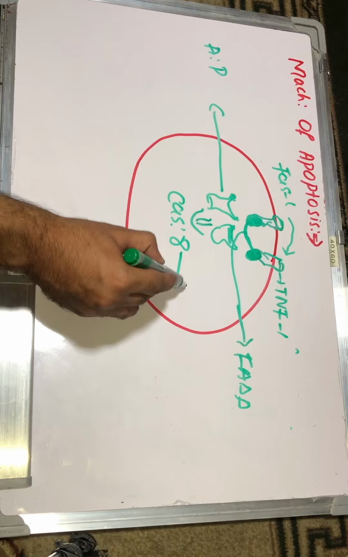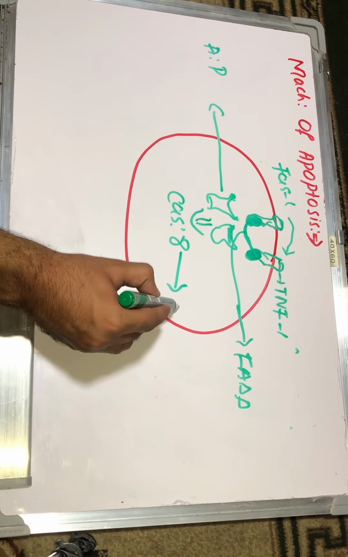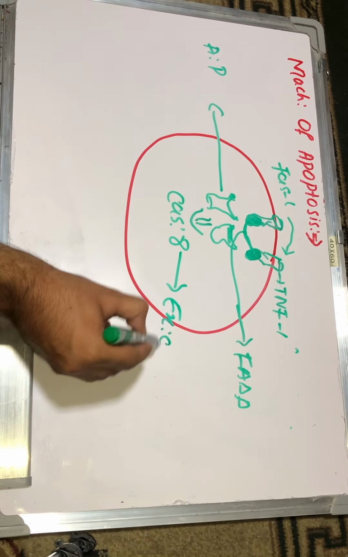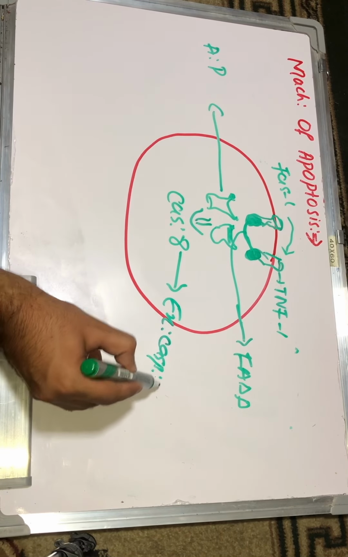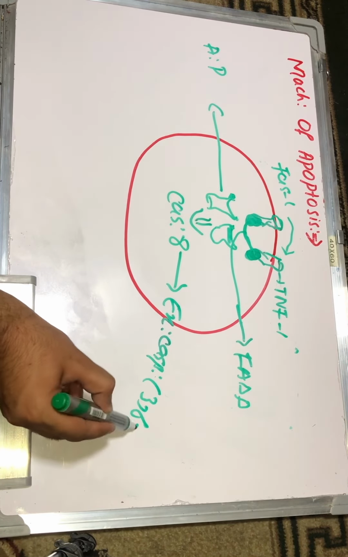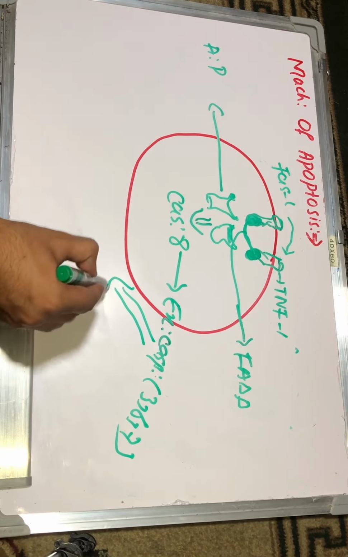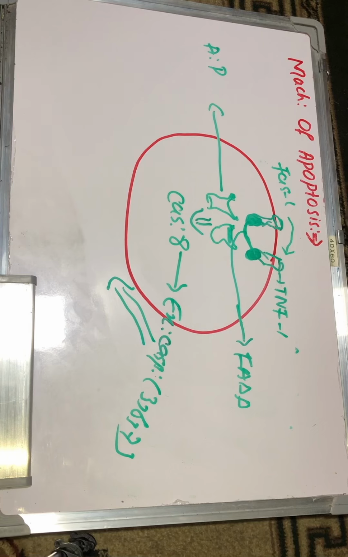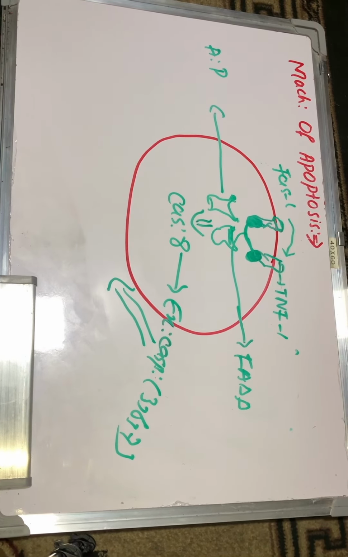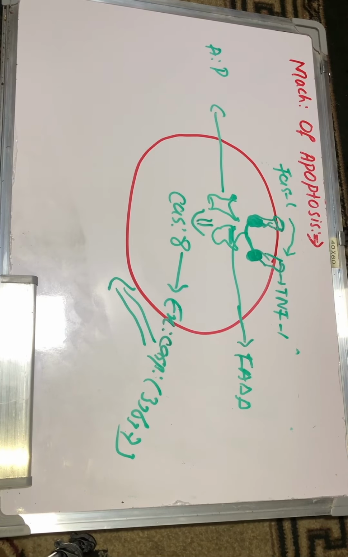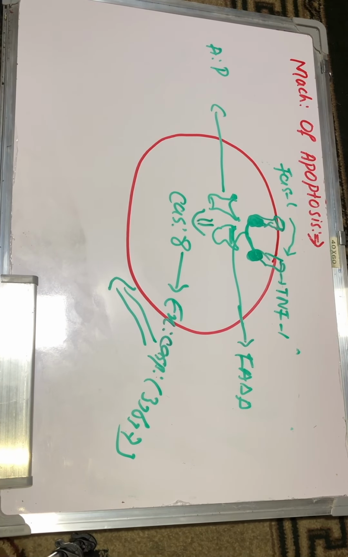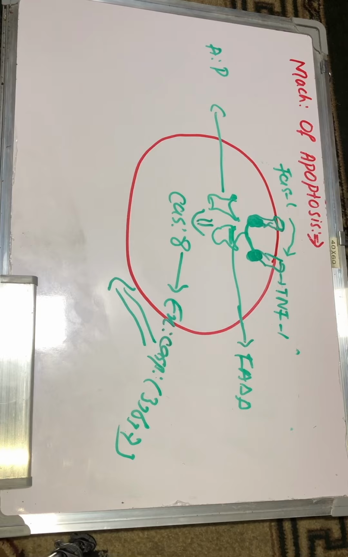Then caspase 8 will activate the executioner caspases, which are 3, 6, and 7. When these are activated, they will digest the cytoskeleton of the cell membrane and cytoplasm, and they will also activate the DNase enzyme, which will cause intranucleosomal breakdown of DNA.